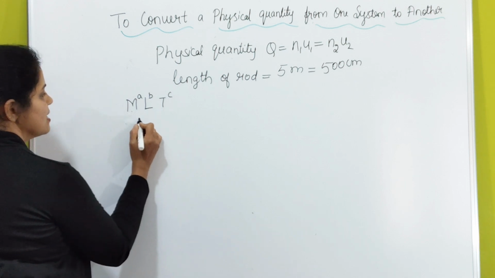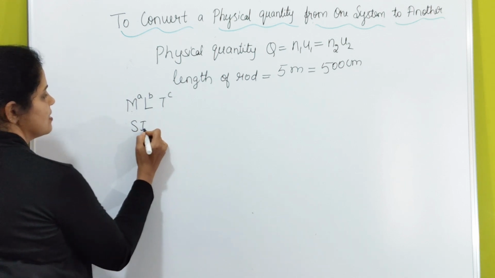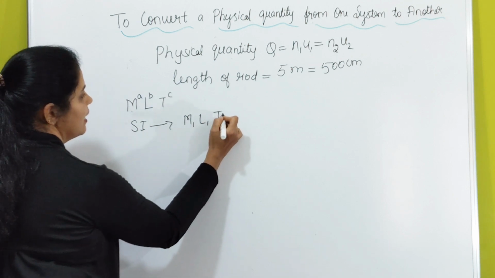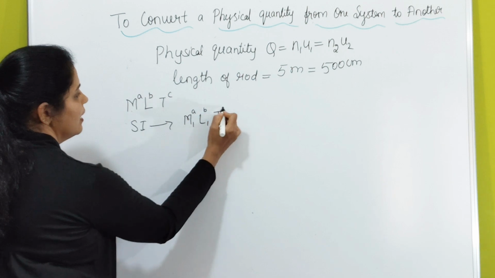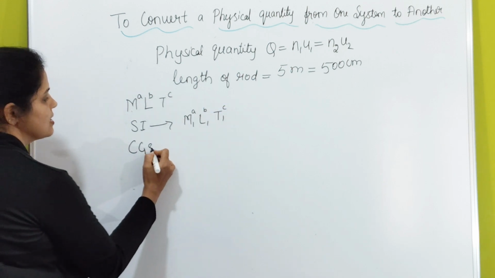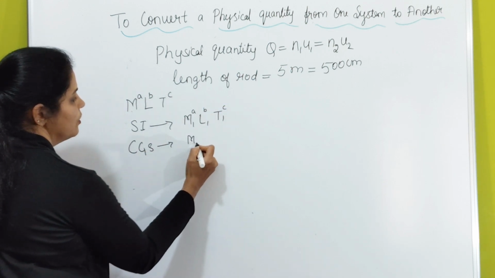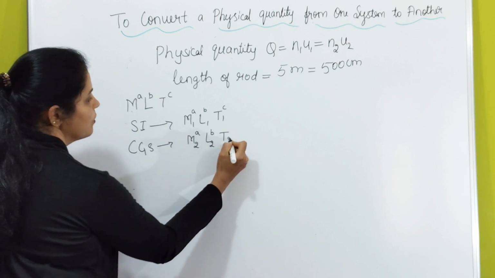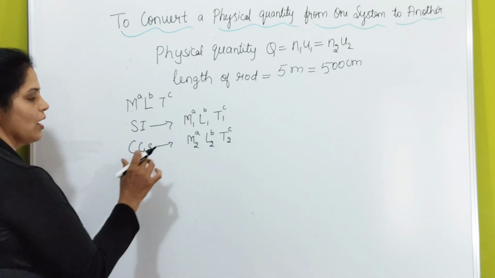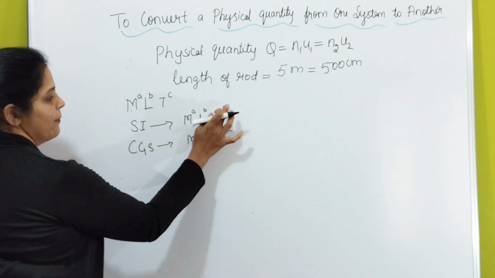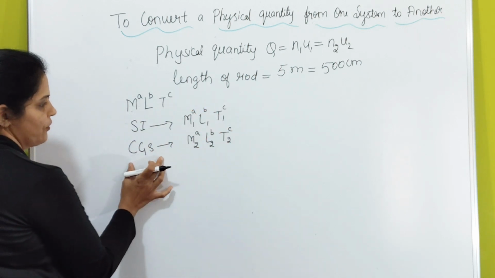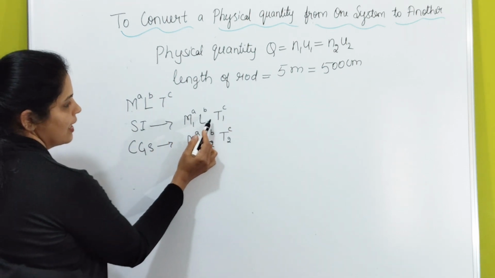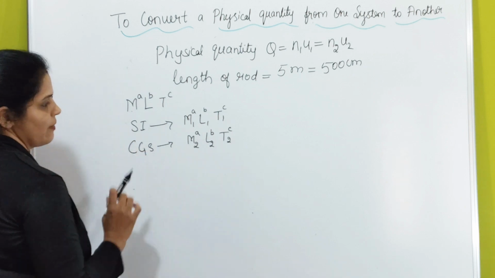Suppose in SI system, let us write M1, L1, T1 to the power A, B and C. And in CGS system, I'll write M2 to the power A, L2 to the power B, T2 to the power C. That means you are observing that powers are same. Even if you write in other system of units, powers remain same. Okay. Only mass, length, time is changing in other system of units.